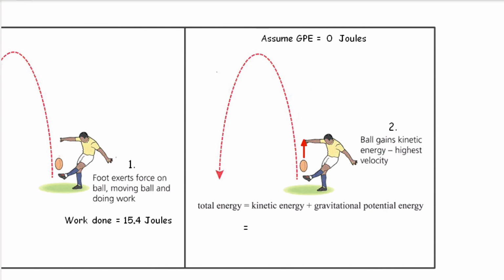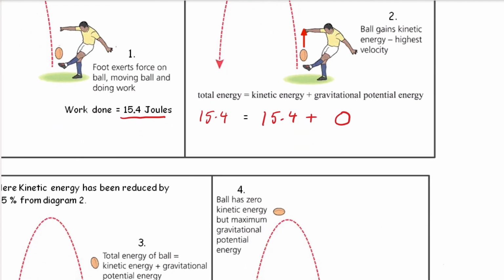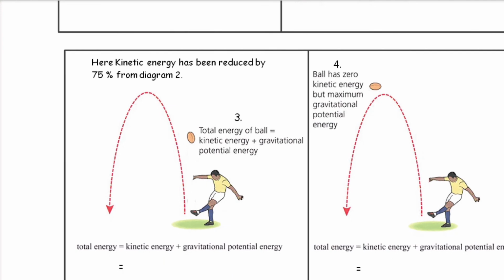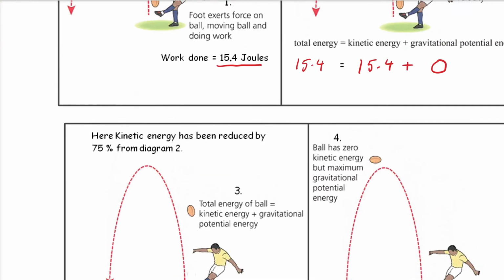So what we can say is then the total energy that's been put into the ball is 15.4 joules. And at the point that it leaves his foot, it's all 15.4 joules kinetic and zero gravitational potential energy. Here, kinetic energy has been reduced by 75%.